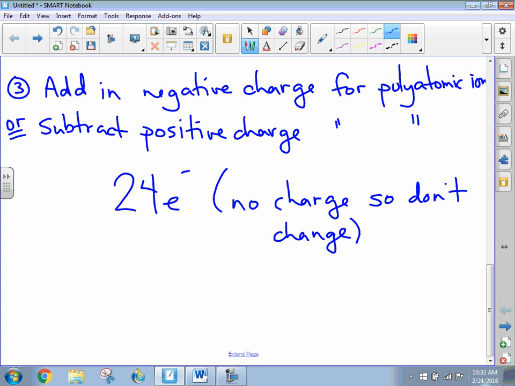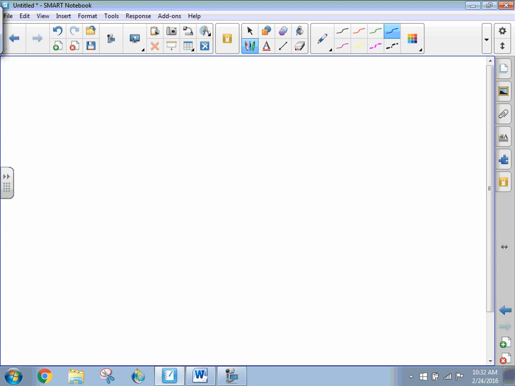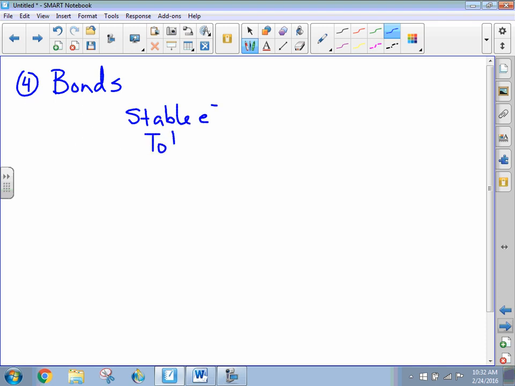Okay. Now you're going to calculate how many bonds you're going to get. You do this by taking your stable electron number, from number 1, and subtracting the neutral electron number from number 3.